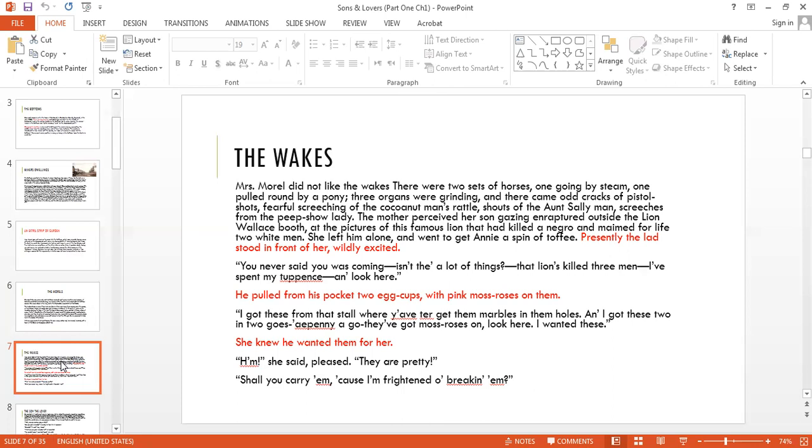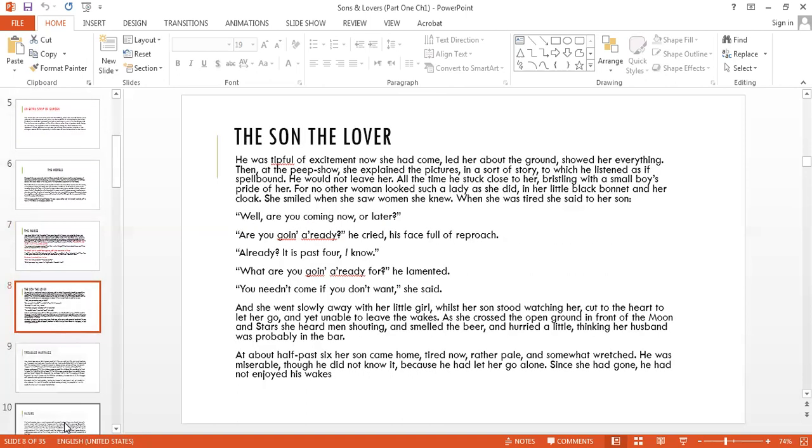Okay, so the fair here shows us the very beginning of the Oedipus complex, because William here, not like any other child, sticks to his mother. He wins the prizes, so he pulled from his pocket 2 egg cups, and he presented to his mother his trophies, and she knew that he wanted them for her, that her son loved her so much.